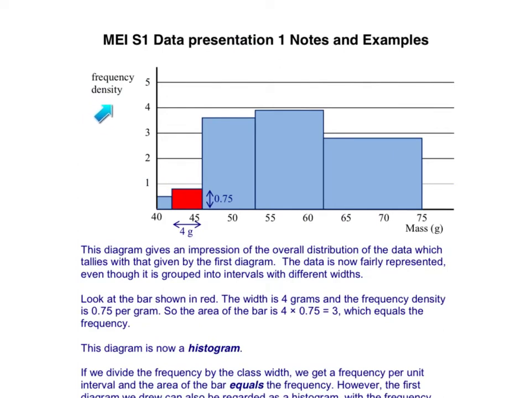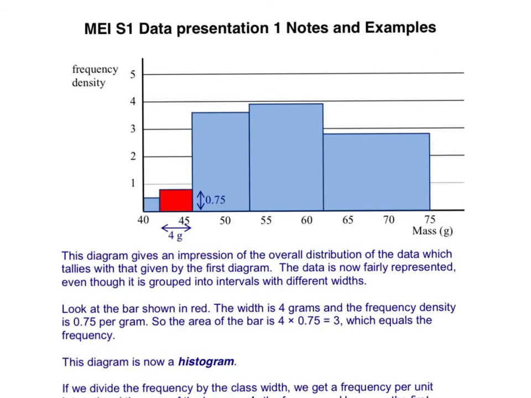If we were to plot that, this is what we now get. And the area of each bar gives us the frequency, since class width times frequency density is the area, which is the frequency. Bear in mind that on the y-axis we don't have frequency but rather frequency density, so when you're labeling this, please do make sure you write frequency density and give your histogram a title.